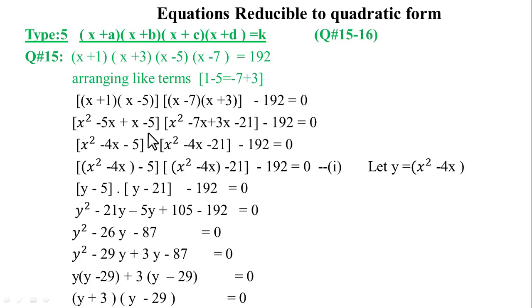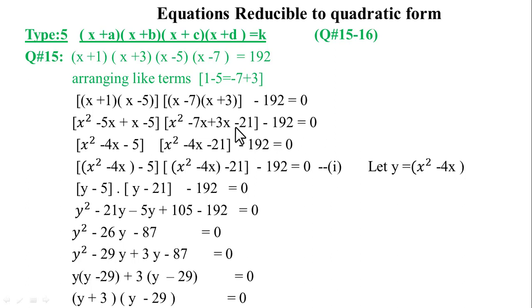Similarly, multiplying the next two terms: x multiplied by x is x square, minus 7x plus 3x, and 3 times minus 7 is minus 21, minus 192 is equal to 0.